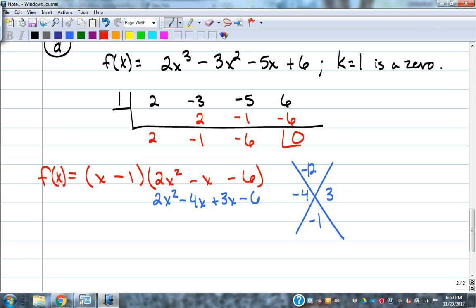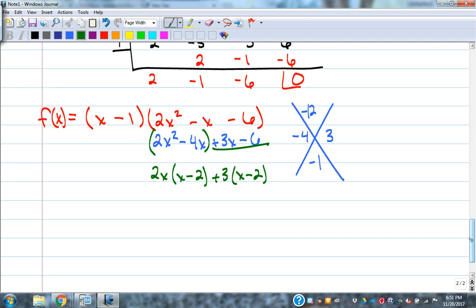Replace the -x with the -4x and a positive 3x. Group. First two have 2x in common. Second two have 3 in common. So the factored form for f of x is x minus 1, x minus 2, and 2x plus 3.